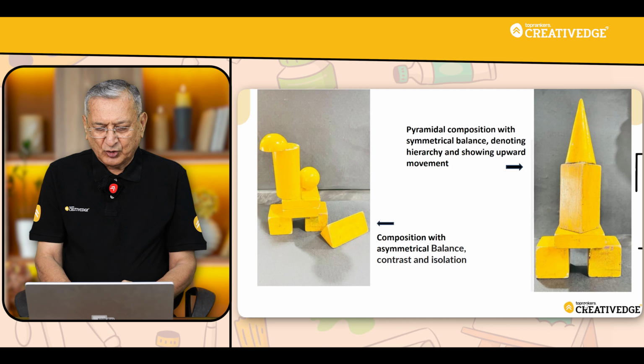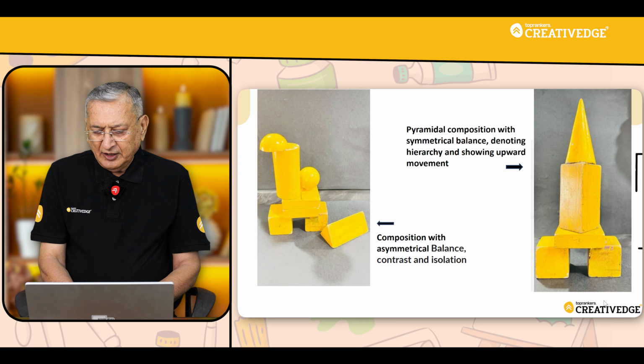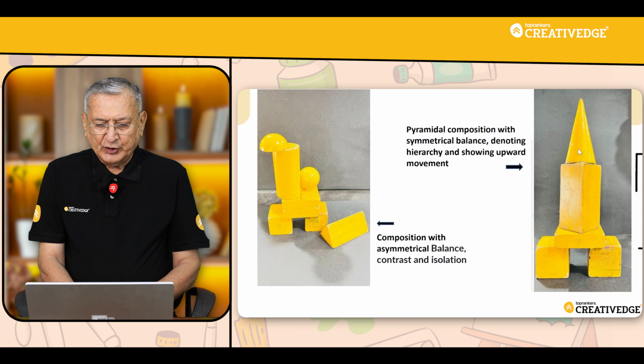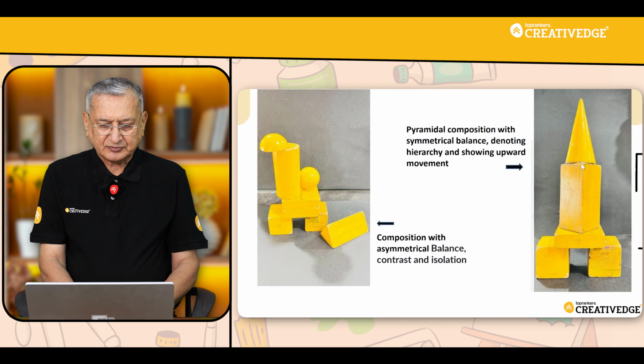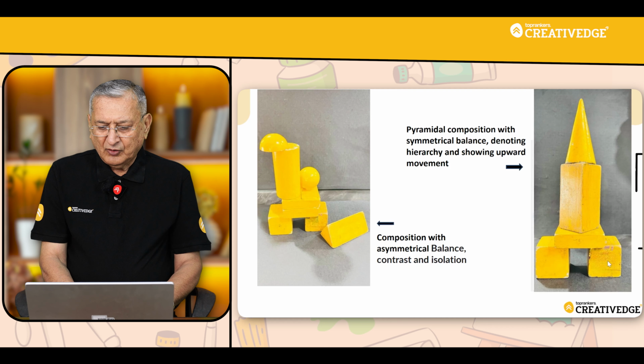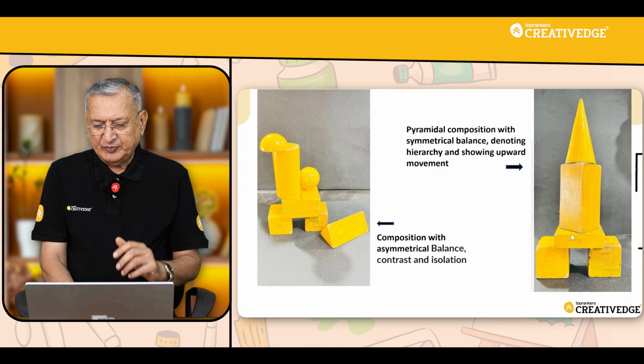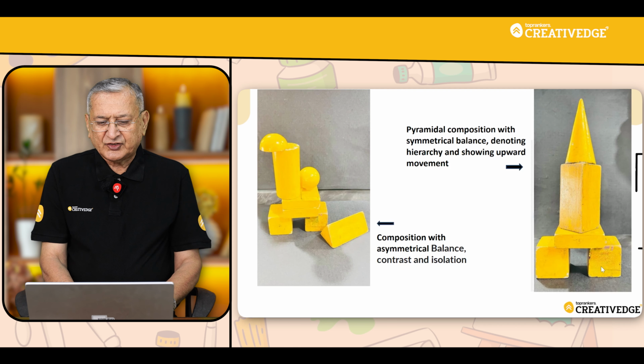So let us look into the first one on the right side. I have already arranged it and I will explain how this pyramidal composition with symmetrical balance denotes hierarchy and shows an upward movement. You can see these are 5 blocks, and the arrangement done here is symmetrical.